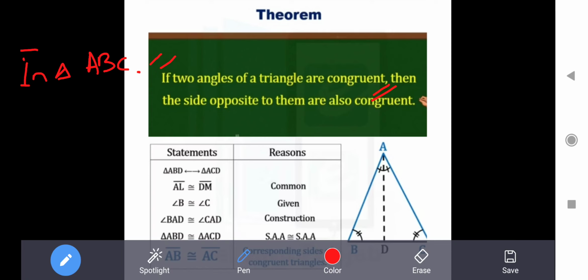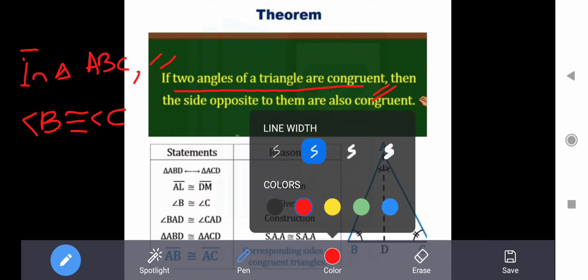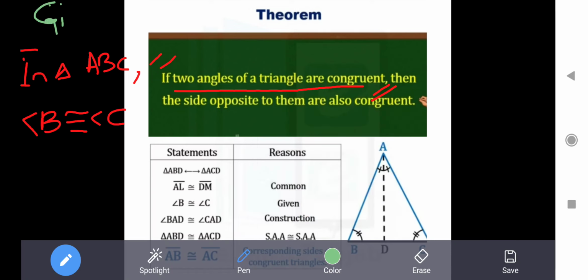If two angles of a triangle are congruent, then in this triangle ABC, angle B is congruent to angle C. This is your given statement, and you can see in this given statement we have only this thing given, that is in triangle ABC, angle B is congruent to angle C.